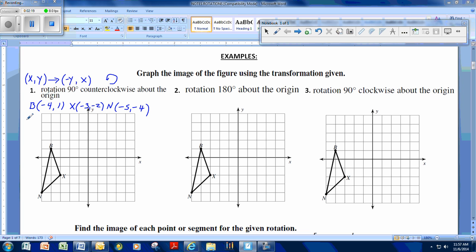If you look at B, for instance, if I rotate just point B, and I'm going to make this B prime, I'm going to switch those two numbers. So 1 will be the x, negative 4 will be the y, and I'm going to switch the sign on this number, which will make it negative 1, negative 4, which is going to be right here.